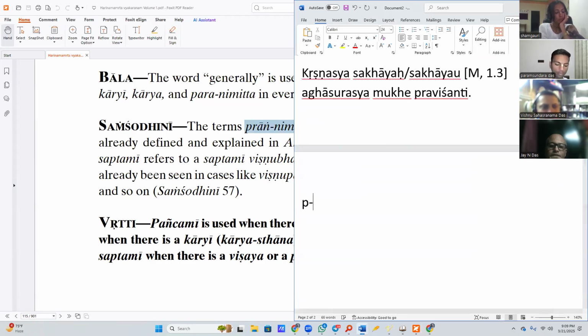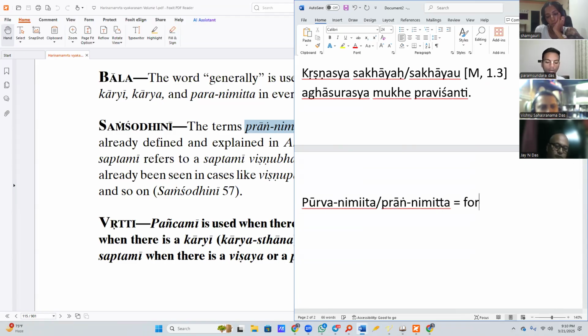One thing is purva nimitta, which can also be called prang nimitta, like a former cause, a cause which is lying behind the letter where the action is going to take place. Second thing is the para nimitta.